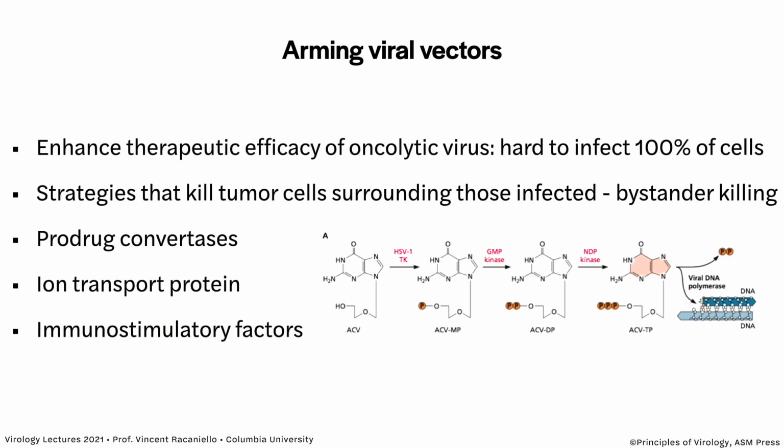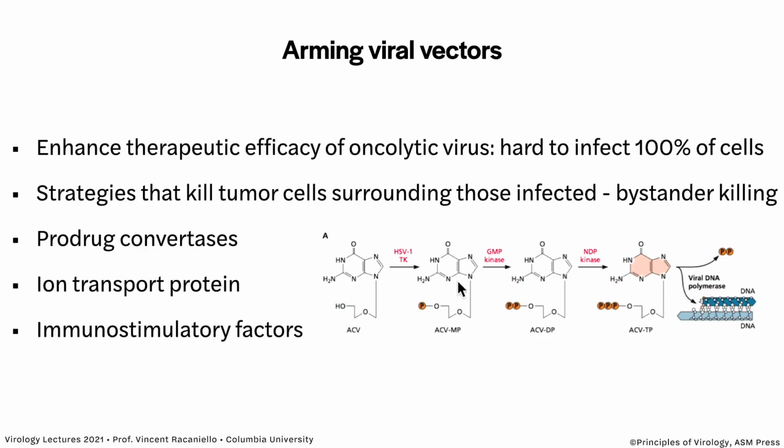We can also put drug convertases into vectors so that they kill more cells. In other words, you put a gene into the vector that's going to convert a drug to the active form. In this case, acyclovir. You could put a thymidine kinase in your vector. Remember, TK is not present in normal cells, only in herpes-infected cells, but there's no herpes here.